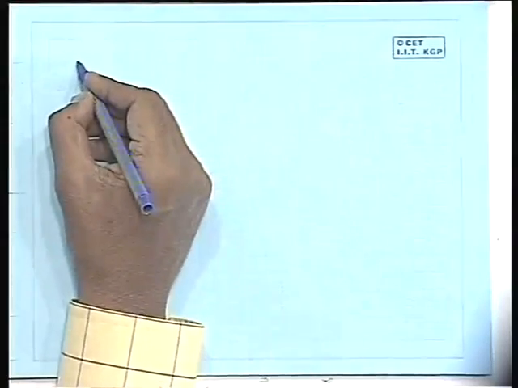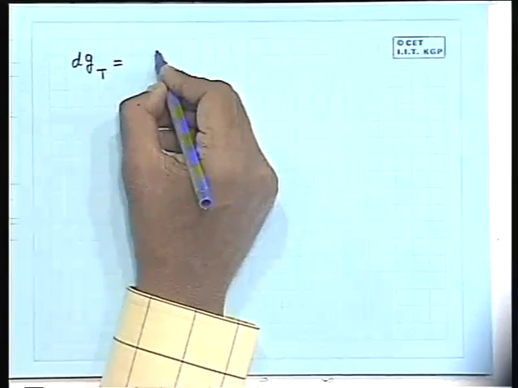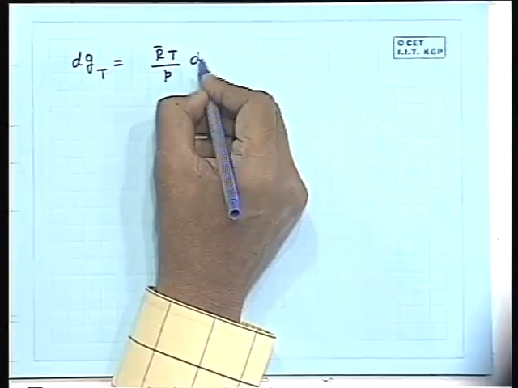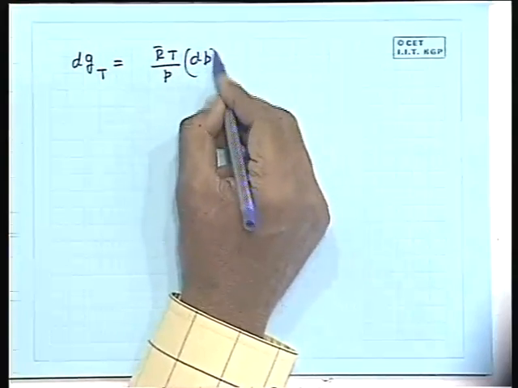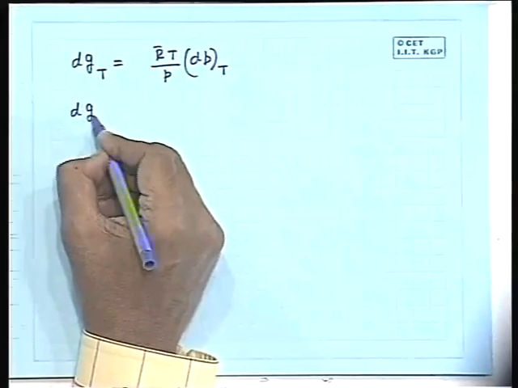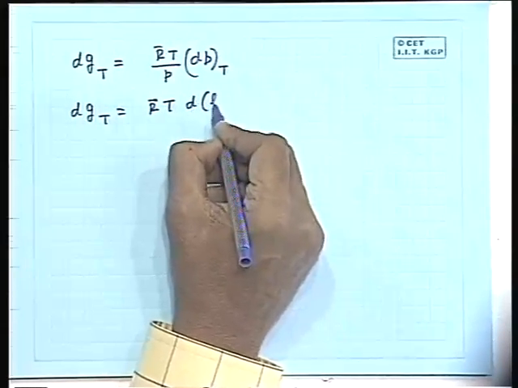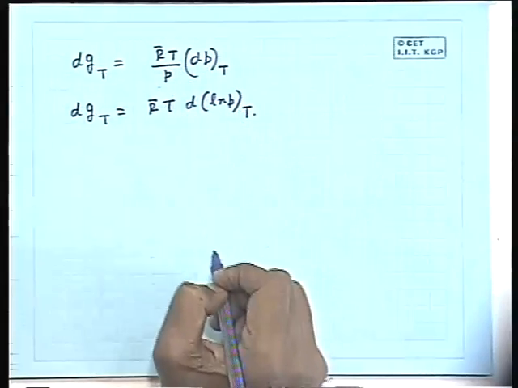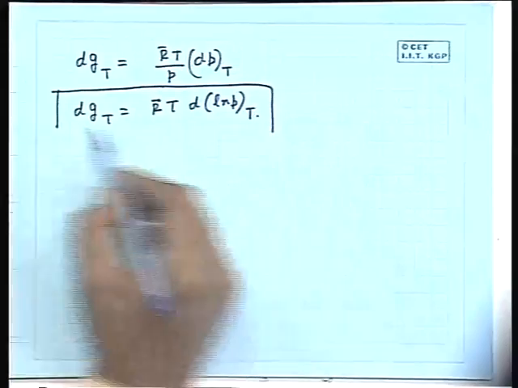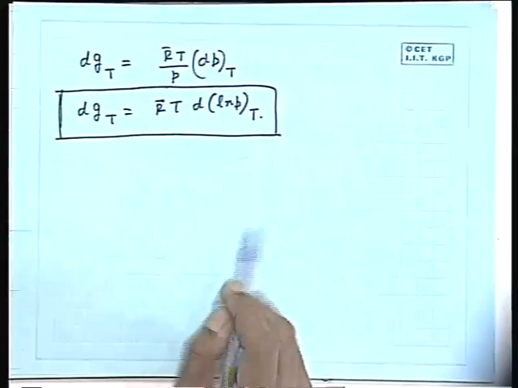Then dG at constant T is R bar T by P dP at constant T. So we can write dG at constant T as R bar T d of ln P at constant T, because dP by P is d ln P. So this is the relationship which holds good for an ideal gas, a single component system: if this system behaves like an ideal gas, then dG at constant temperature equals R bar T into d ln P at constant T.